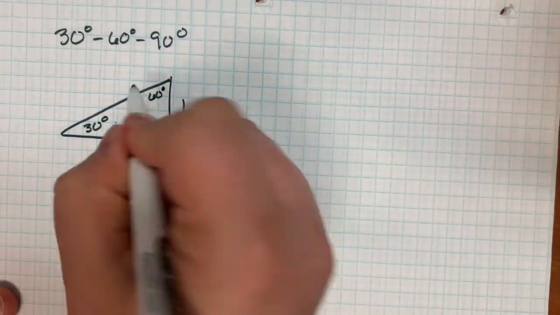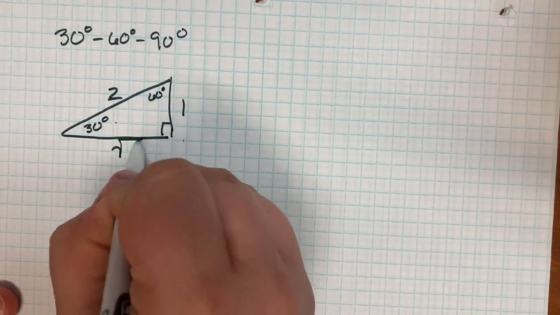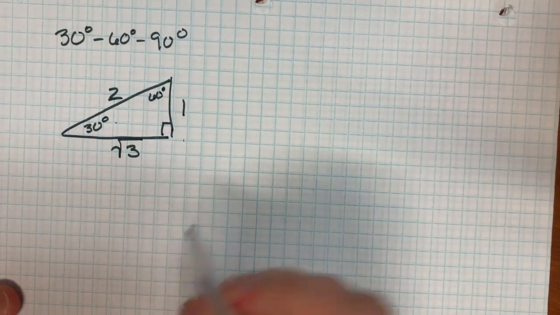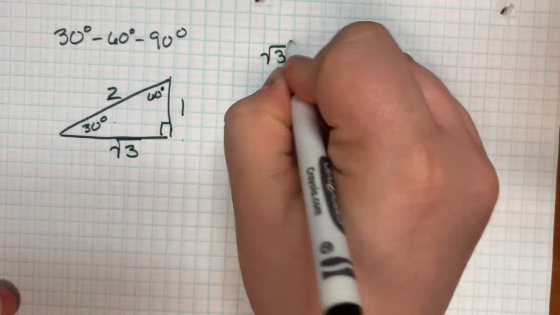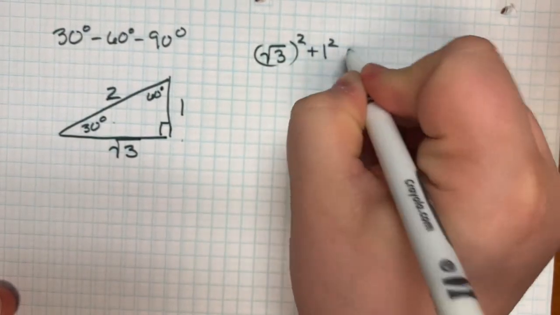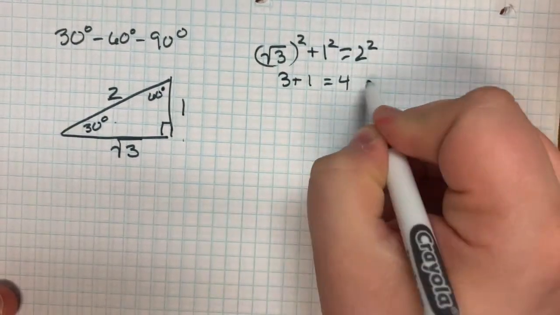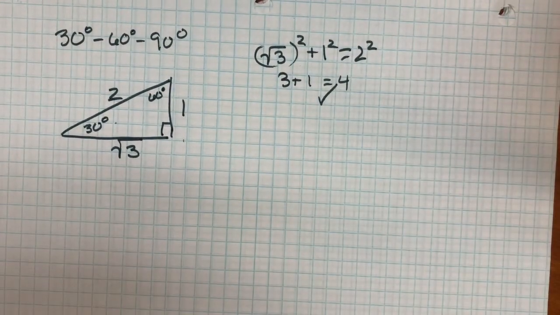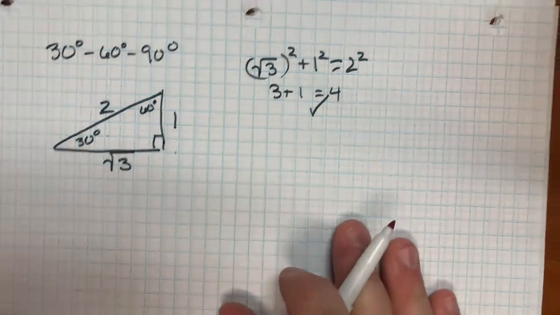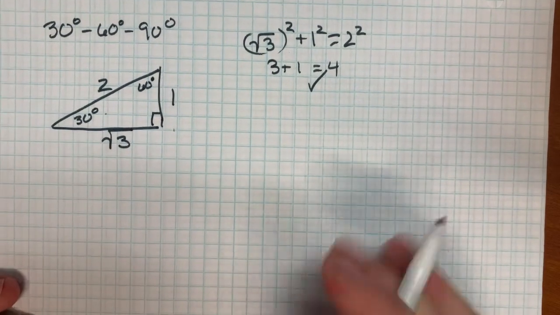We have a 1, a 2, and a square root of 3. Confirm that works. Root 3 squared plus 1 squared should equal 2 squared. 3 plus 1 equals 4, and it does. And if you're given these, we can find all of our functions.